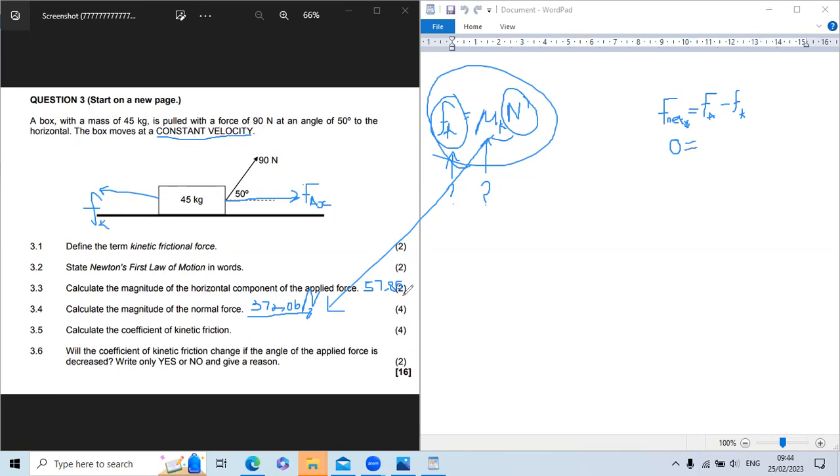And we did calculate the horizontal component of FA here. It's 57.85, so we're just going to substitute that in: 57.85 minus Fk. We're going to end up getting Fk is equal to 57.85 newtons.